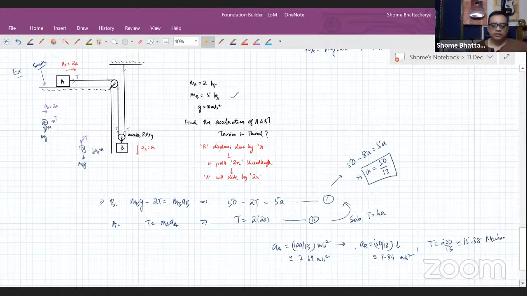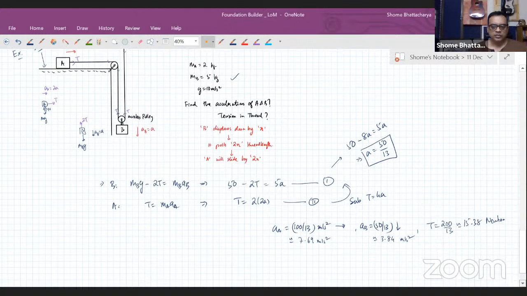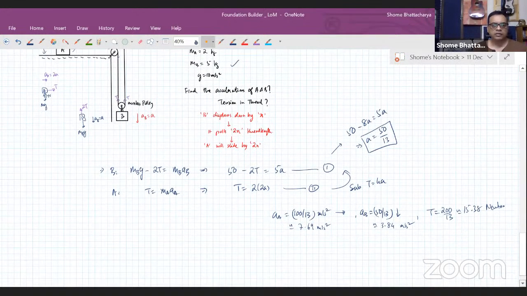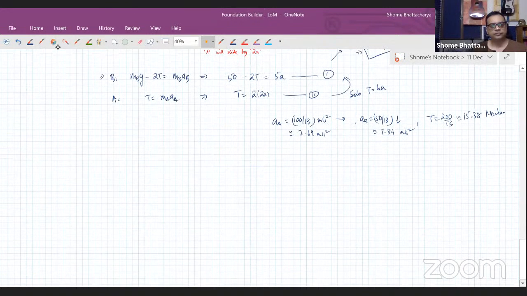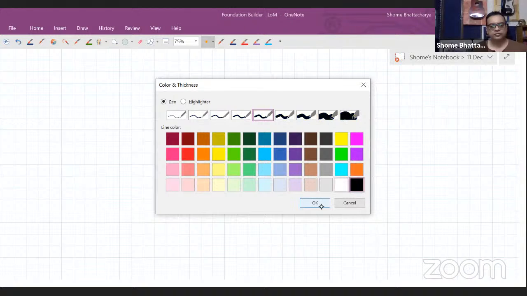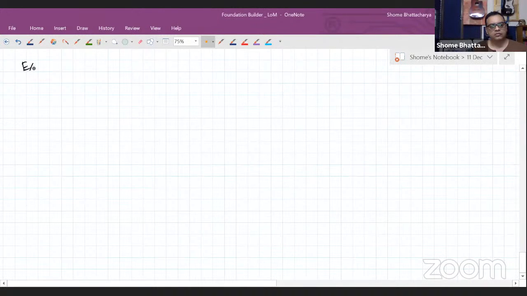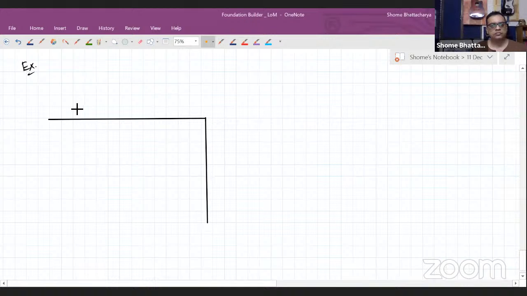Okay, let's look at another question basically from HCV, but I will give it some numerical values here for solving. So we have a triangular wedge like this.